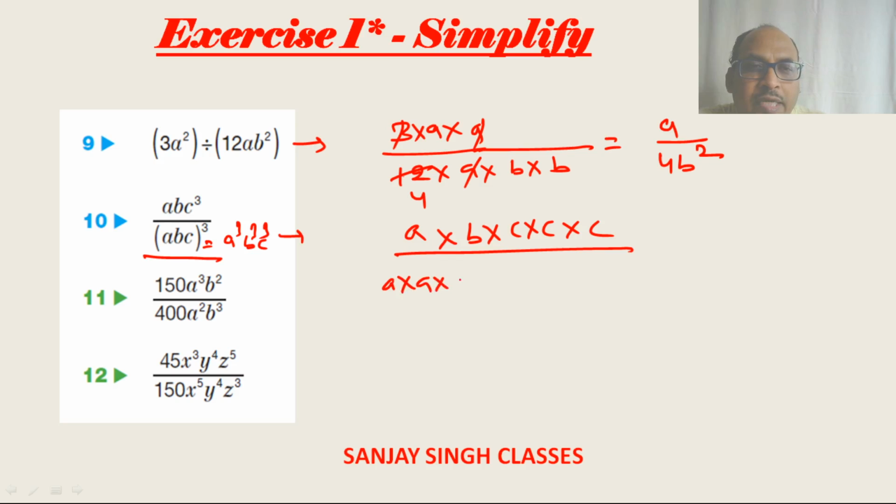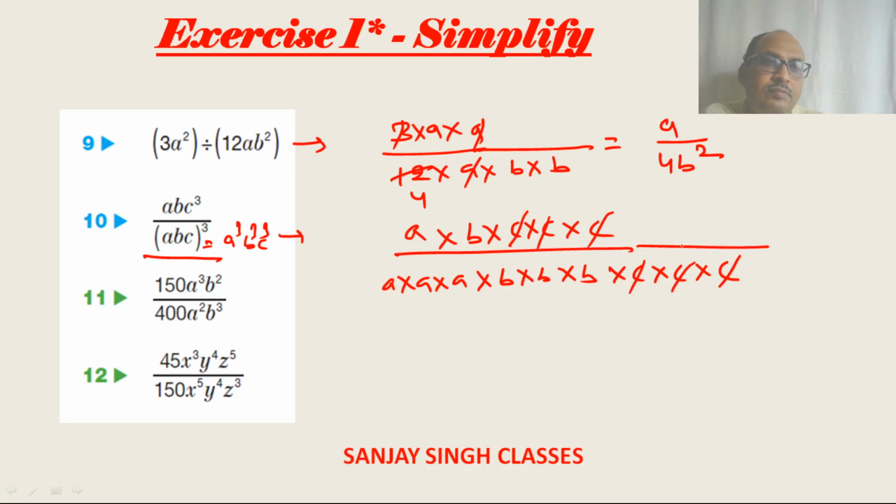So A into A into A, again B into B into B, and again C into C into C. So C, all the three will get cancelled. Similarly, 1B will get cancelled. Similarly, 1A will get cancelled. Left with 1 by A square into B square. So A square, B square. Okay.